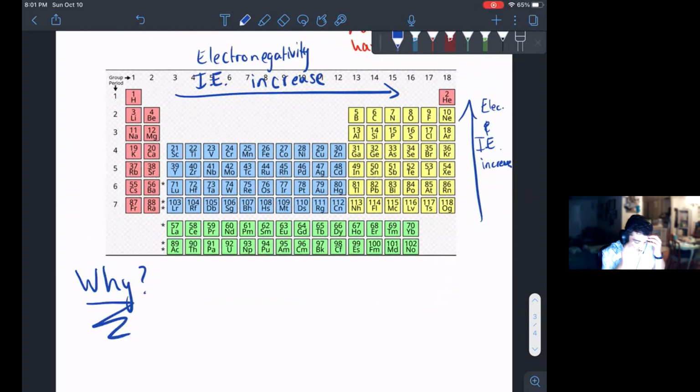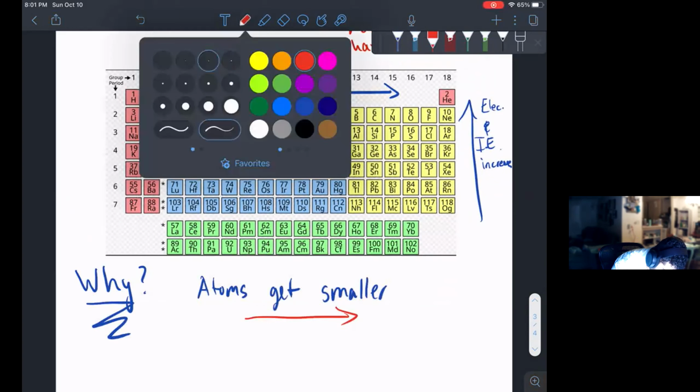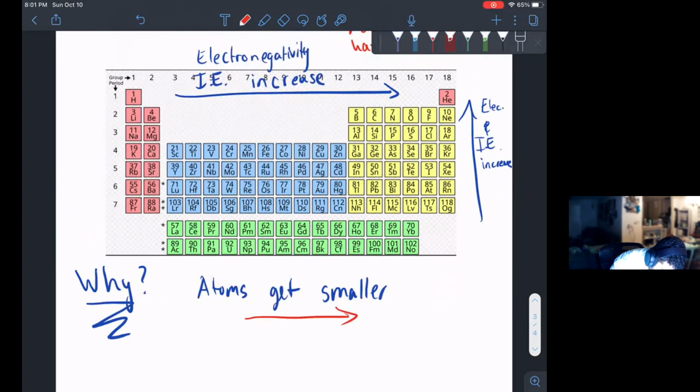Why? Well, as these atoms get smaller, we know that. So I'm going to use atoms getting smaller as a red arrow. I'll actually go ahead and make it a really big red arrow.